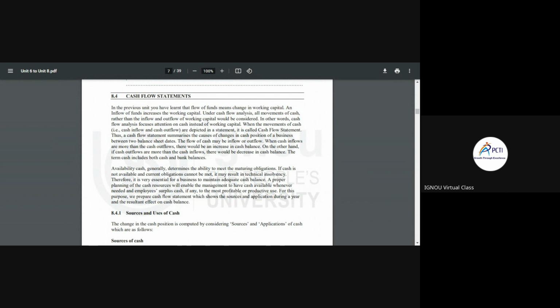When we mention all the activities of cash, whether it is inflow or outflow, in a particular statement, that will be known as the cash flow statement. Maybe it increases the working capital or maybe it decreases the working capital.